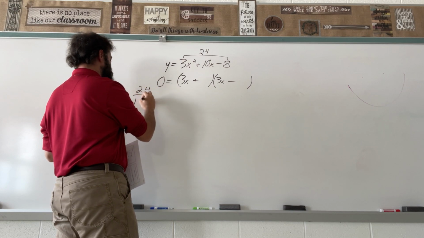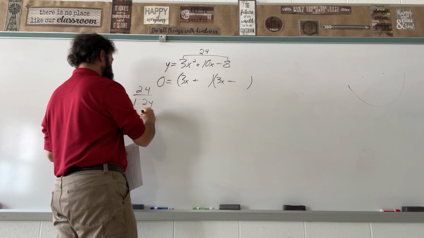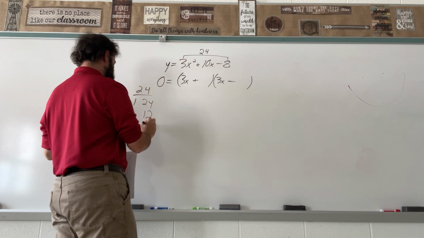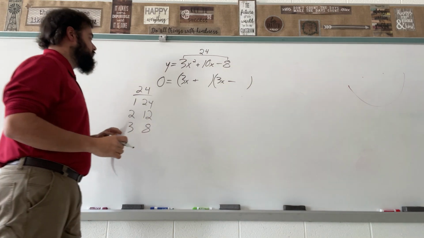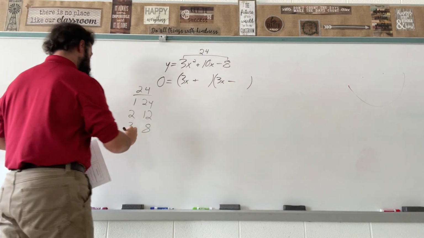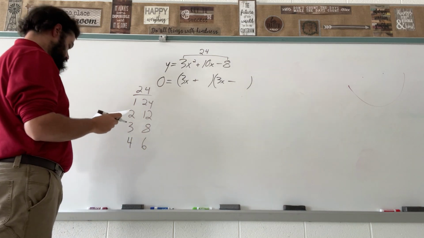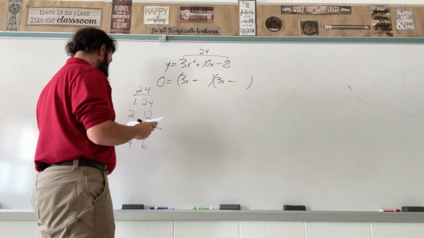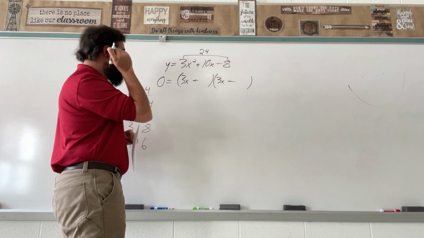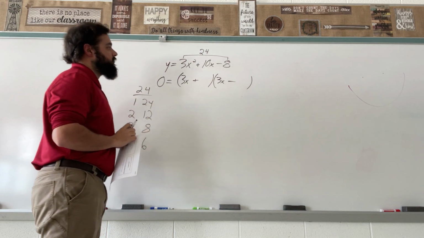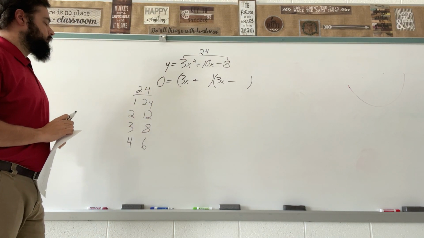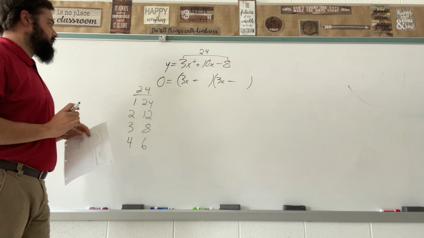So we've got 1 and 24, 2 and 12, 3 and 8, 4 and 6. Okay. So they have to multiply together to make 24 and add together to make 10.